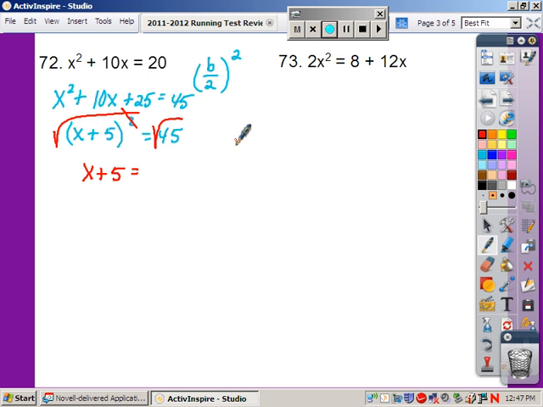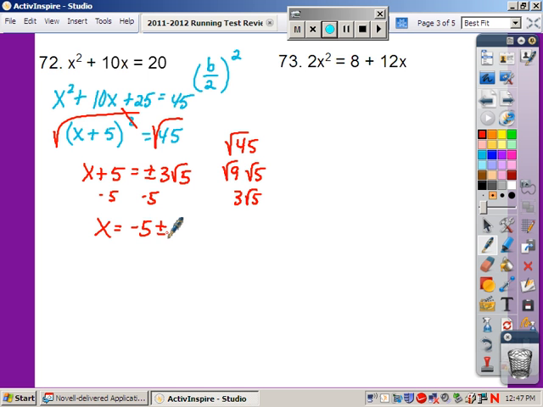Square root of 45, that can be split up. Square root of 45 breaks into the square root of 9 and the square root of 5, and that's 3 square roots of 5. So plus or minus 3 square roots of 5. And now I'm just going to subtract this 5 away from both sides. Put it first, not part of the square root. That second, and since I can't simplify it anymore, this is done.